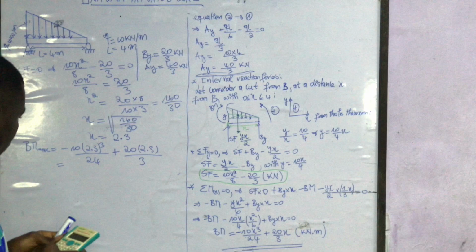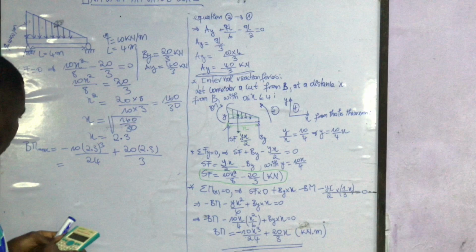So let's just project it like this. This is our 10 here. So at x equal to 0 we are at 0 for the bending moment. At point B, x equal to 4, we are still at 0. So we have a curve like this, a parabola. Okay, so that's the bending moment diagram.